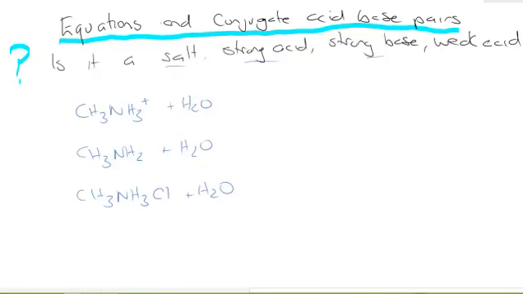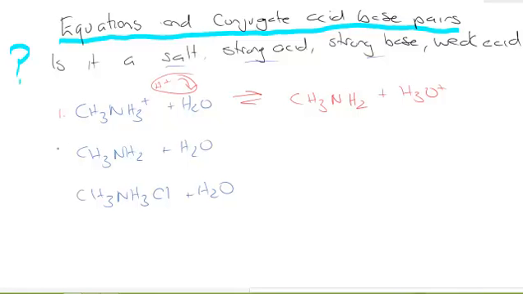Okay, and just another example. Here we have the methyl ammonium ion, which is a weak acid, and because it's a weak acid we'll have the equilibrium sign there, and we just need to write the conjugate base. So this H plus gets given to the H2O, and that forms H3O plus. Obviously you don't show these little things like this, this is just to help you in your understanding.